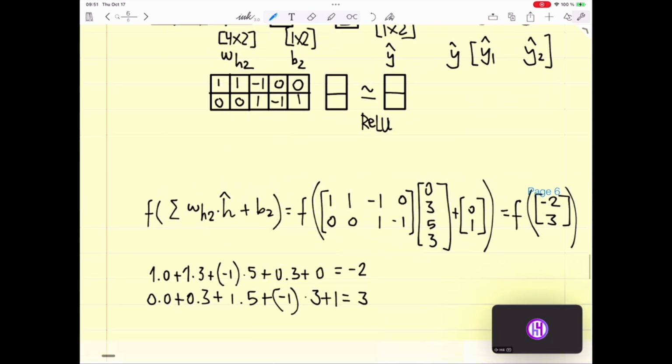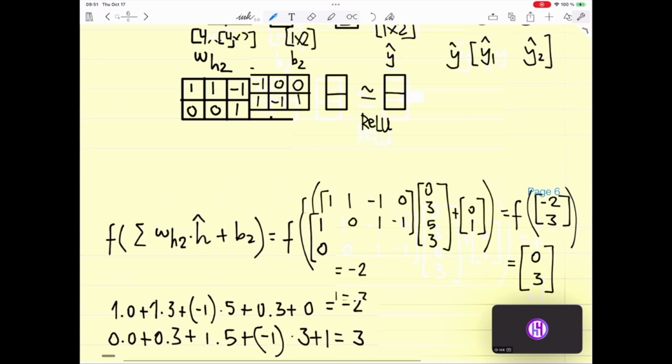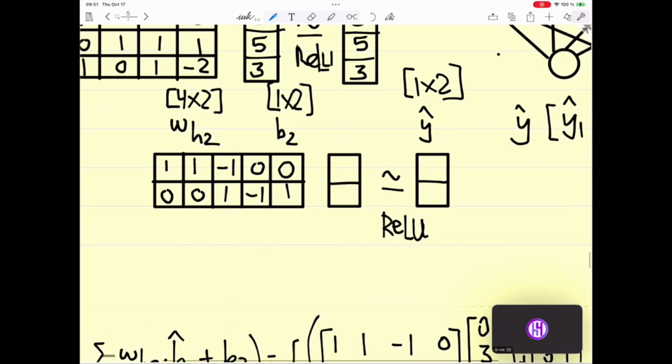And then this is going to be turning out to be 0, 3. So we copy that there. Minus 2, 3, 0, 3. All right.